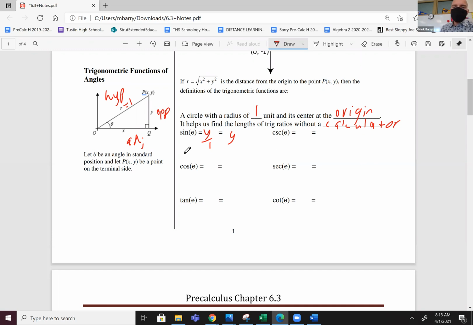All right, so then cosine of theta is going to be x over 1. So adjacent over hypotenuse, which will just be x, correct? And then tangent of theta would be y over x. And I actually do not even think that we need an equal sign there because that's not going to simplify into anything, right? All right.